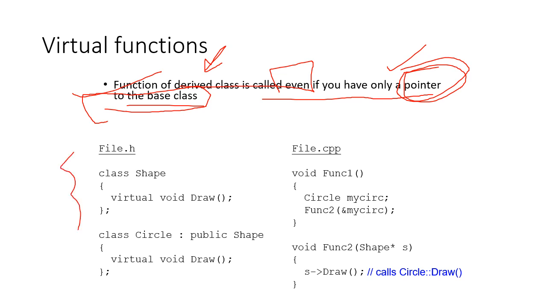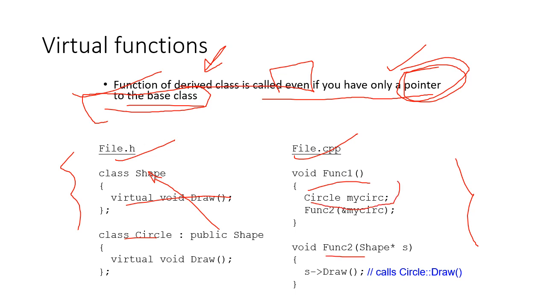And here its algorithm is written in terms of file.h and then in terms of file.c. Here we are making a class of shape and writing an algorithm inside it, and then the class circle has public access of this class shape. Here we make two functions, void function 1 and void function 2.